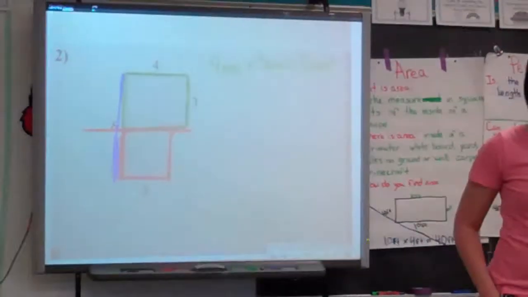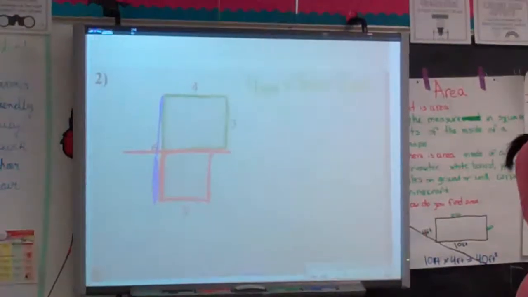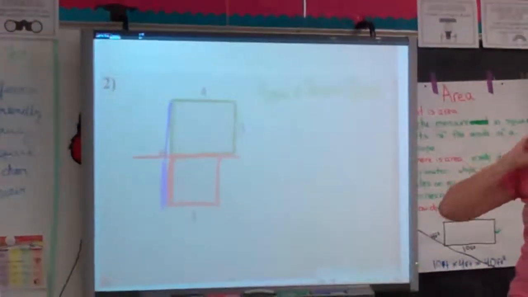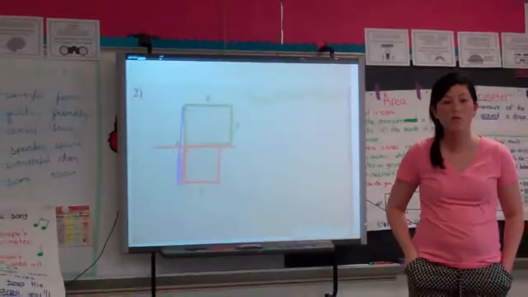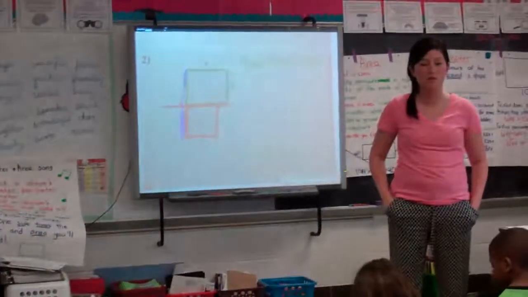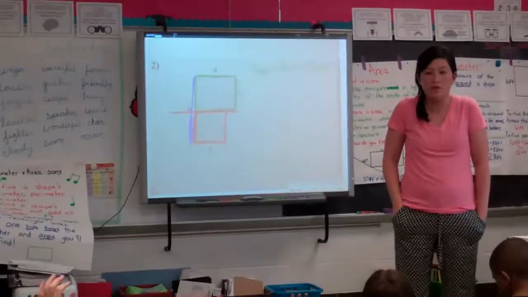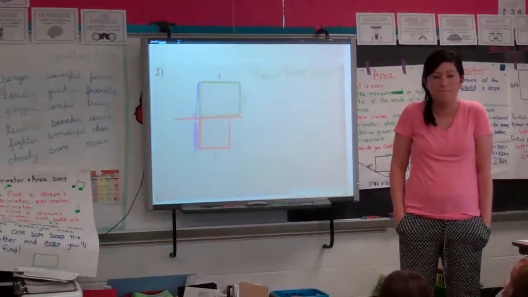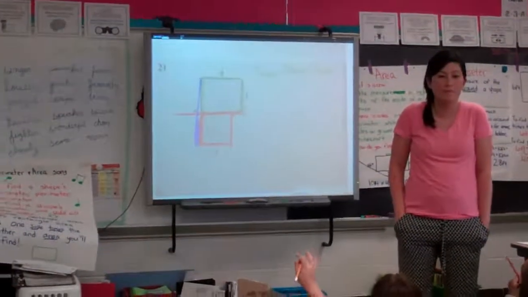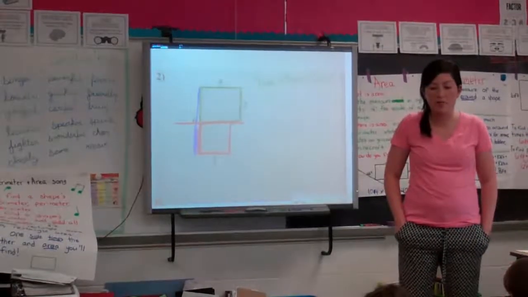Raina, what did your group come up with? How could you figure out what that side length is? Jaden, what did you and your partner have?